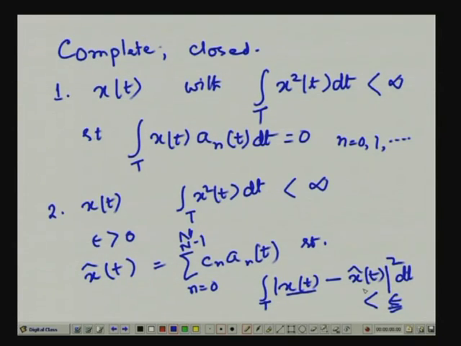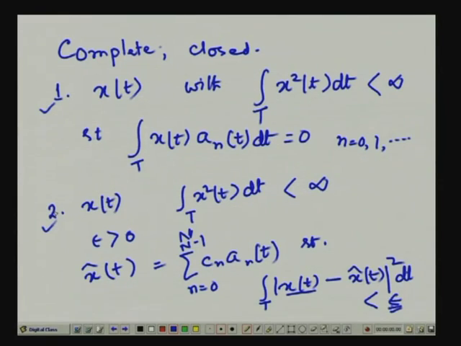It must be less than or equal to epsilon, where epsilon is a very small positive value. So, we say that the set of orthogonal basis functions a_n(t) is complete or closed if at least one of these conditions holds, that is the first condition or the second condition.